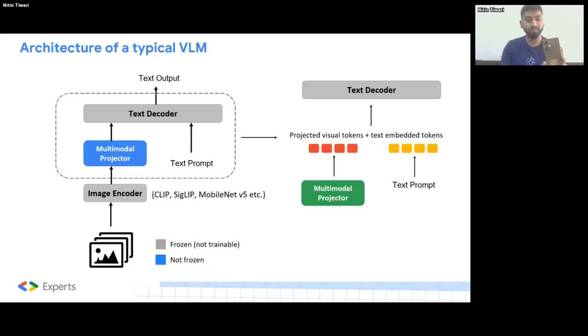I'm not seeing the chat, but I'm sure everyone knows this is a mobile phone if we see it visually. But if we ask the same question to a computer or a machine, it doesn't have the sense that we have as humans. So it will say this is 99% a mobile phone, but still there is a 1% chance that this is also a mobile phone. So when we say this, the probability is distributed, 0.99 and 0.1.